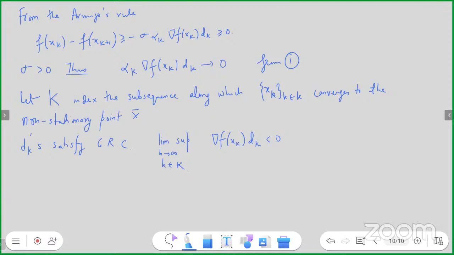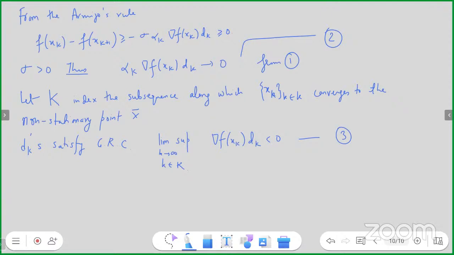If you put them together, what do we get? So let's call this equation number 2, this equation number 3. If you put 2 and 3 together, what can we deduce? Alpha k goes to 0. Okay, so that is what we have established.